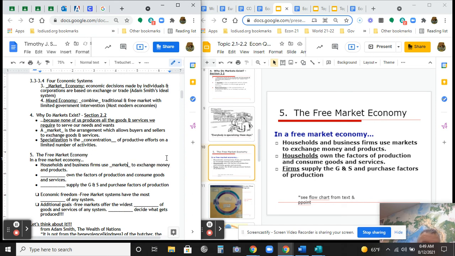Though you saw more of that, especially during the pandemic at its height. But when you're talking households, you're talking about a family unit that is together in any particular area, and you're talking about them collectively. They own the factors of production because they're the ones producing goods and services for the economy.